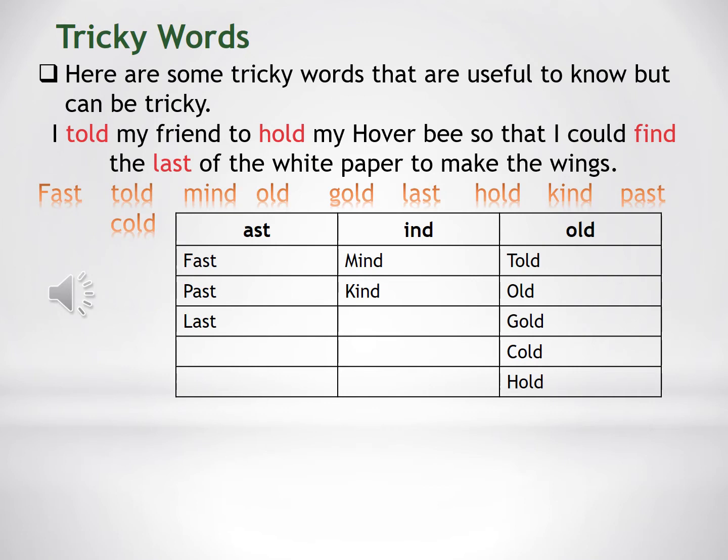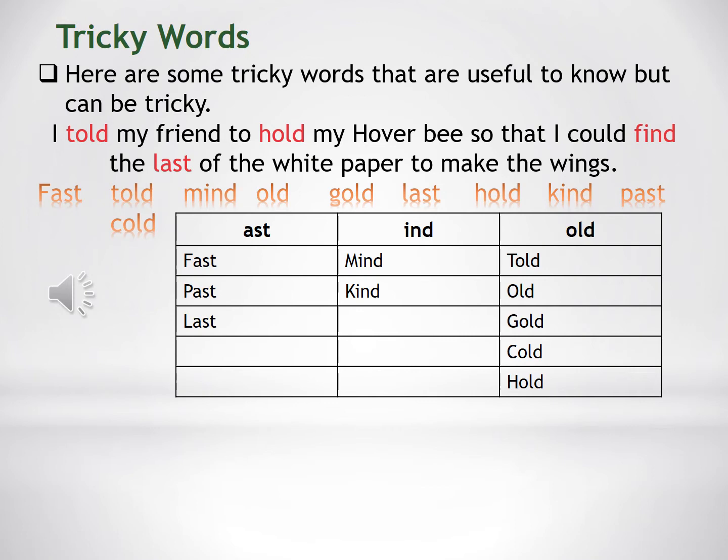So look at these words. Fast, told, mind, old, gold, last, hold, kind, past, cold. These words can be divided into three patterns: AST, IND, OLD.